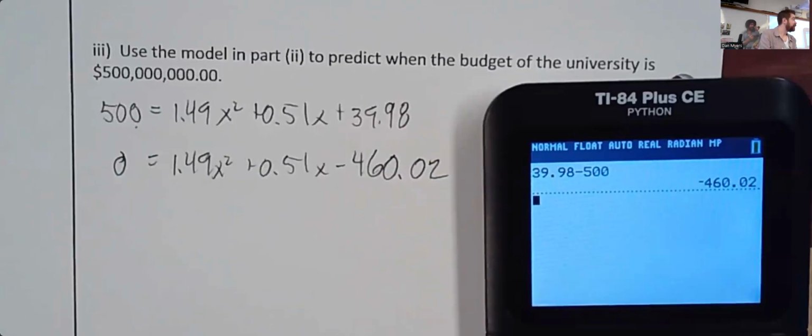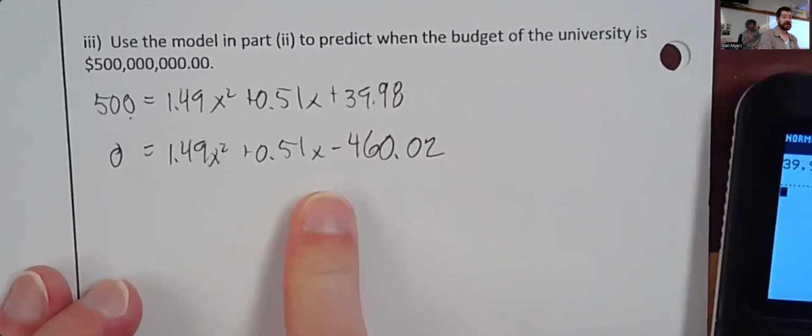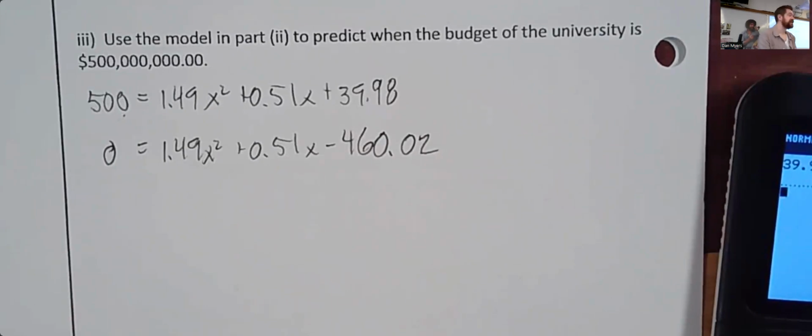From there, you would use your quadratic formula, and you would only take the positive answer, because the negative answer would be like back in time, and it wants to know in the future. So that's how you'd end up doing that quadratic formula after this.